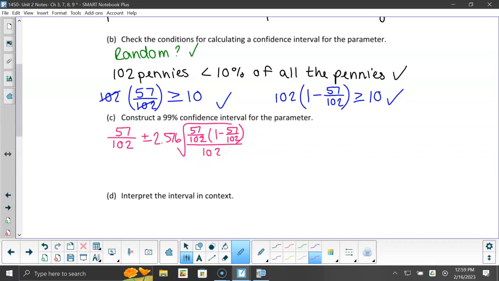Seem ridiculous? Yeah. We can definitely do this in the calculator, though. Oh, you're talking about the critical values? Like, why does it jump? So what happens is, this entire piece right here is your margin of error.